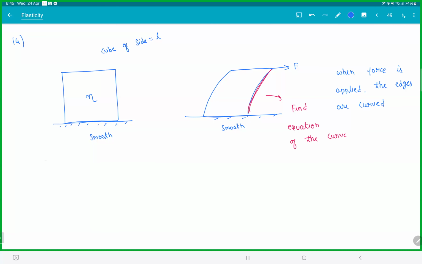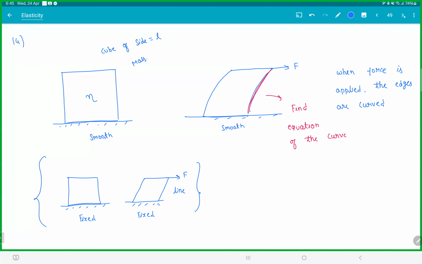If this had been fixed on the ground, and if you applied a force, it would be a proper parallelogram. Then this would have been a line. Now, because it is smooth, at different points you have different tensions. You can take mass also M. I don't think you need it, but okay. Let's get this.